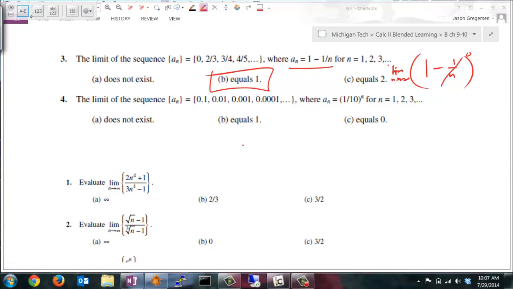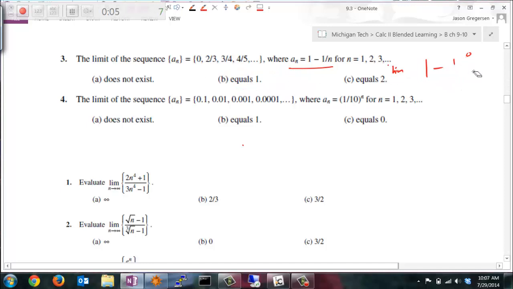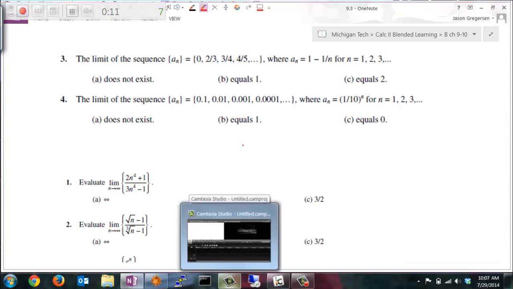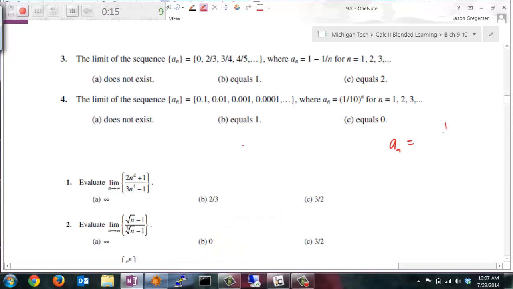Okay, let's look at the next one here. The limit of this sequence. That's 1/10, so the sequence is 1/10 raised to the n power. What happens as n goes to infinity?